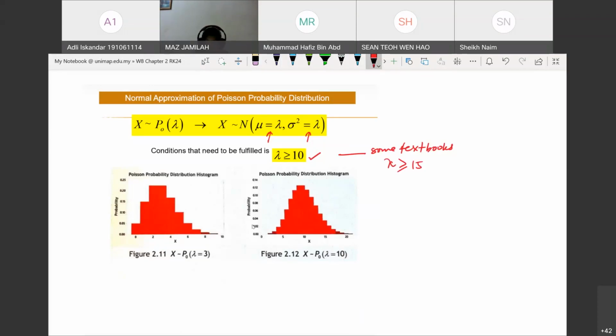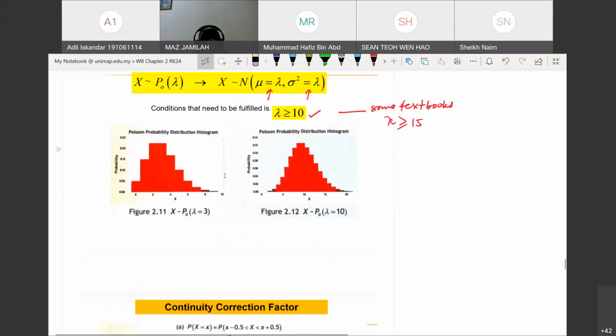So how does this become possible? If you look at the Poisson probability distribution and how it becomes normal, if you have lambda equal to 3 and you increase lambda to 10, your probability distribution becomes somewhat symmetric.